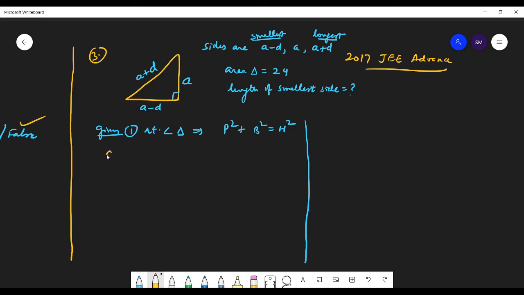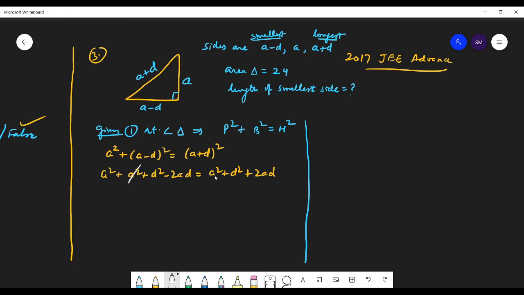Suppose your perpendicular is A, so A square plus base A minus D whole square is equal to hypotenuse A plus D whole square. So what do you get, students? A square plus A square plus D square minus 2AD is equal to A square plus D square plus 2AD. Agreed?